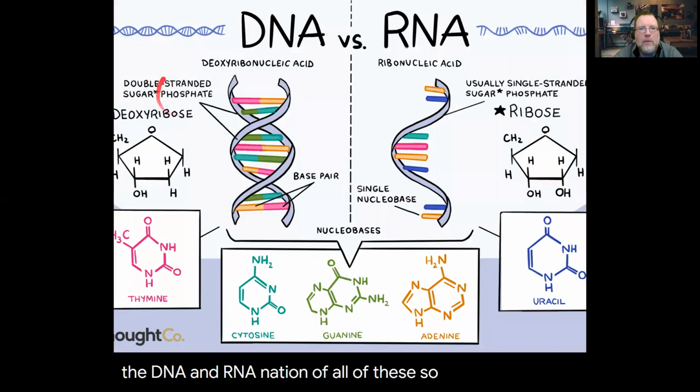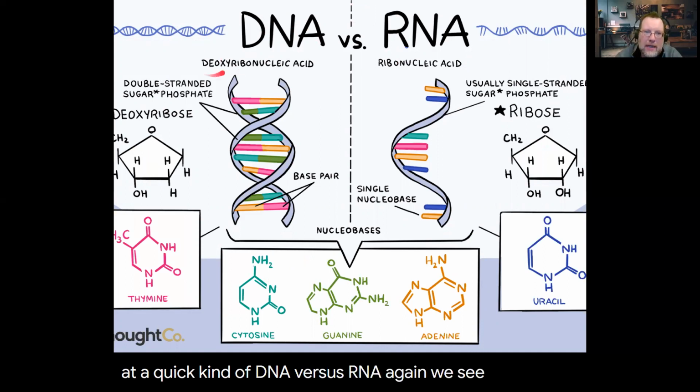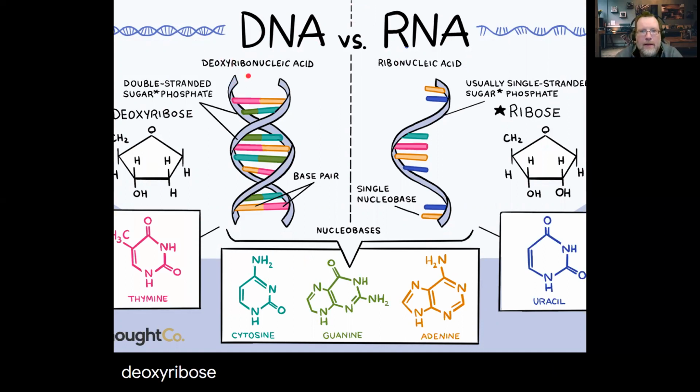So anyhow, let's look at a quick DNA versus RNA. Again, we see that deoxyribo, okay, and just ribo over here. So let's come down to the structure of a deoxyribose versus a ribose.